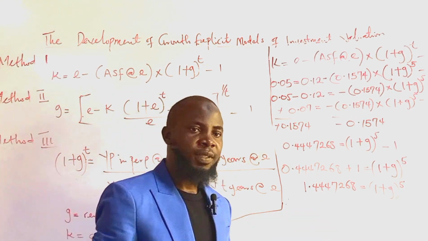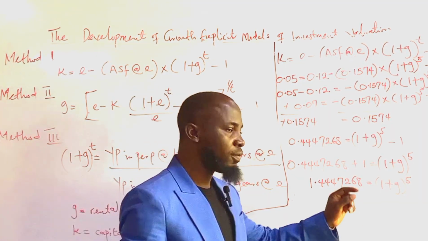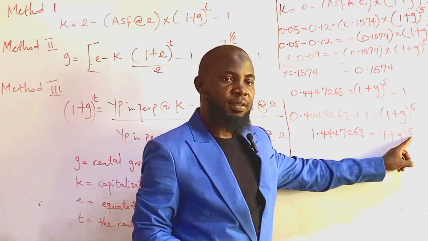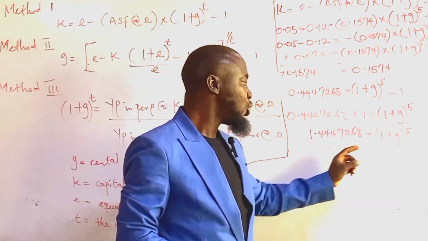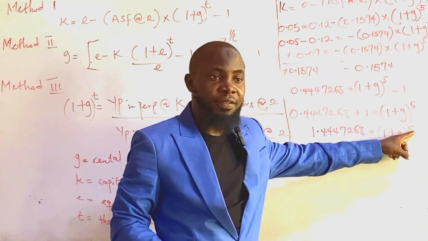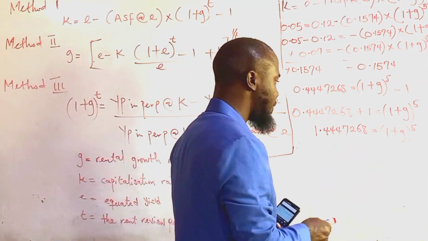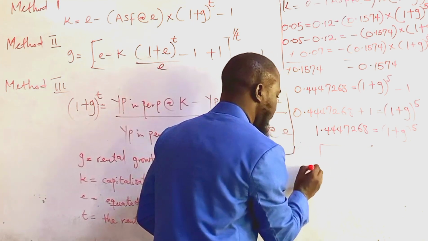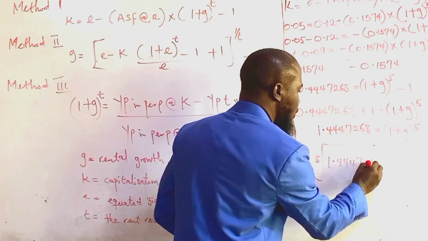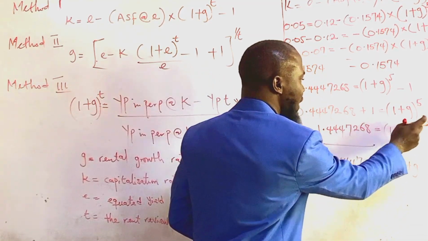From here now, the next thing is indices. You use indices rule, which is to remove power, you use the root of that power. We want to remove this power, then we have to apply the root of this power. That means you fifth root both sides, because it is raised to the power 5. So when you apply fifth root to both sides, you have the fifth root of 1.4447268 equal to 1 plus g, because the fifth root will cancel this 5.